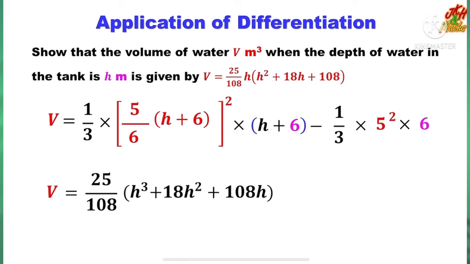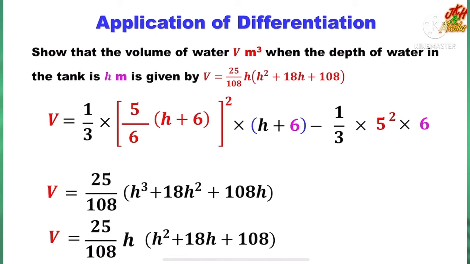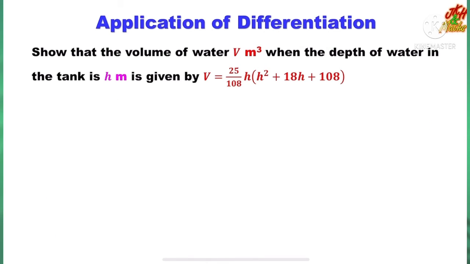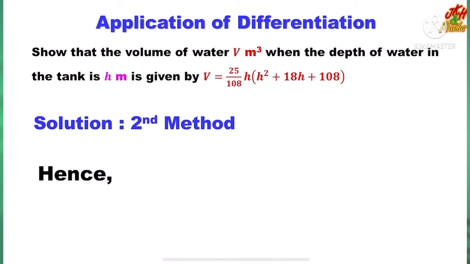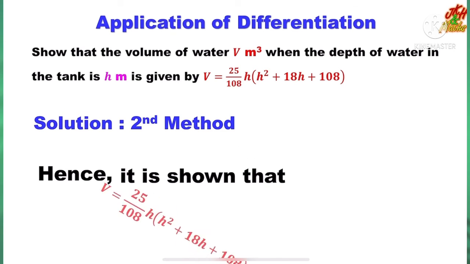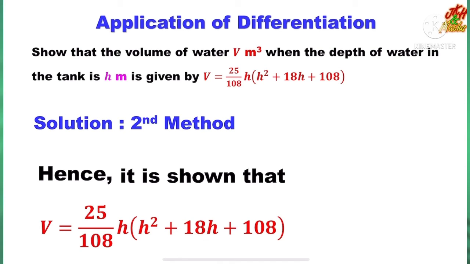By taking out the common factor h, V is equal to 25π/108 h times the bracket h² + 18h + 108. Therefore, it is shown that the volume of water when the depth of water in the tank is h meters is given by V equals 25π/108 h multiplied by the bracket h² + 18h + 108.